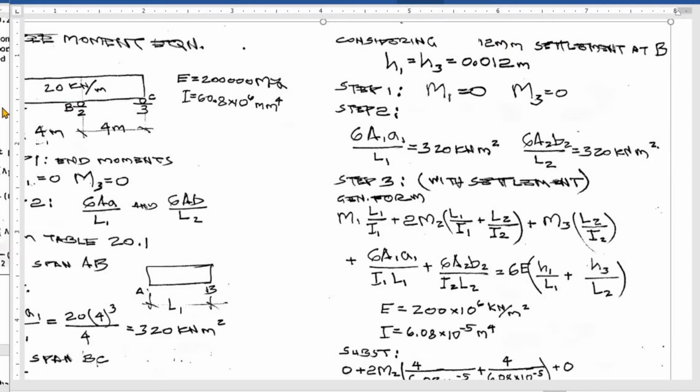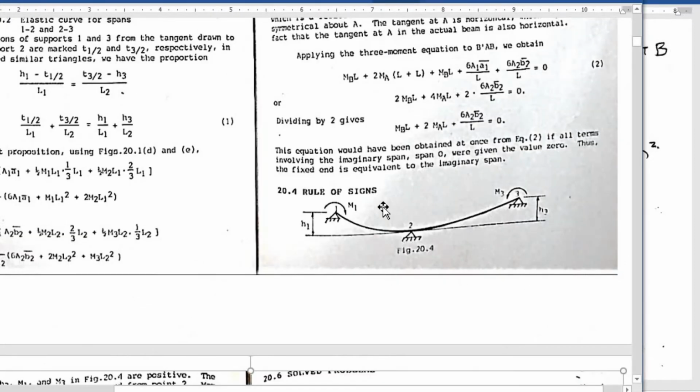Okay, so let's go back to the book. Ito. So, yung H1, that is the settlement of the support from node 1. Yan, okay? Tapos, yung H3 naman, that is the settlement of the middle support from point 3. So, ibig sabihin yung subscript na yun yung reference, no?